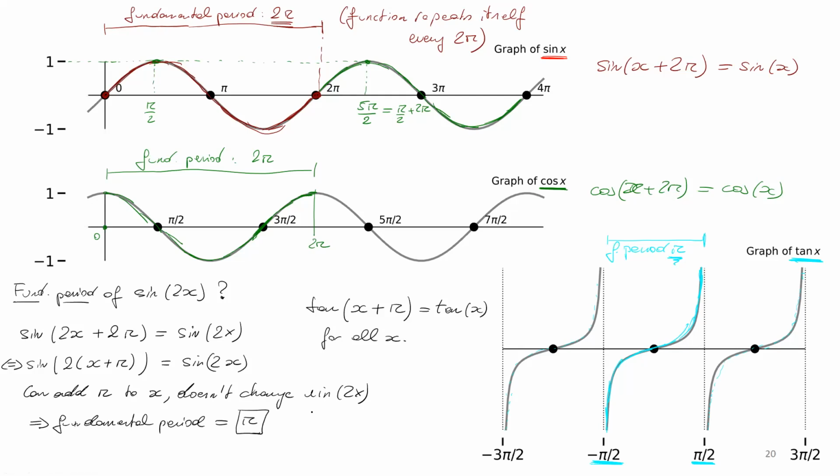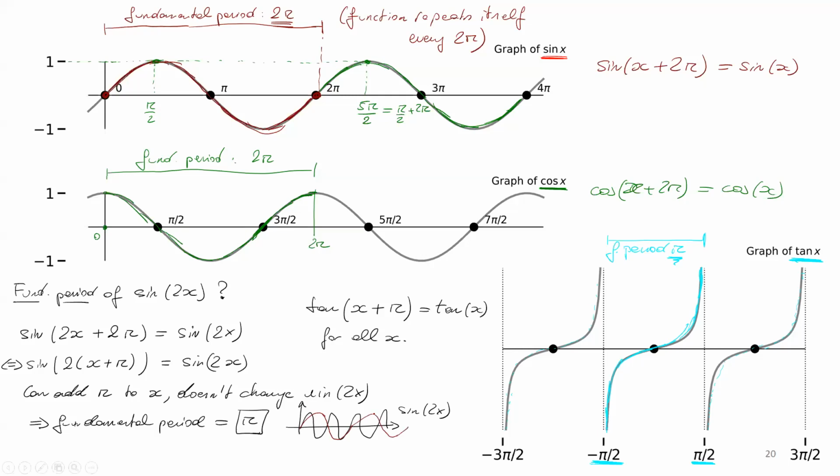And in fact, if you graph that function, and I'll graph it really slowly, really small here, you basically get a sine that goes twice as fast as a normal sine. So if this is sine 2x, then this, let me make sure I have it right, and this is sine.